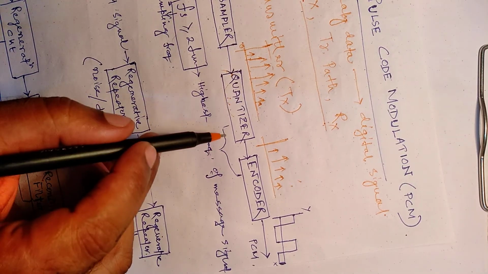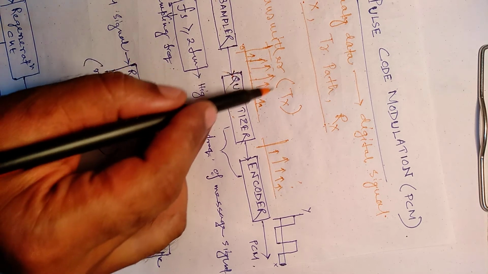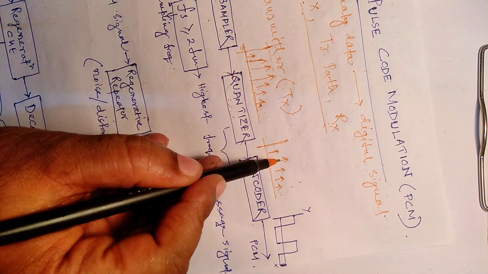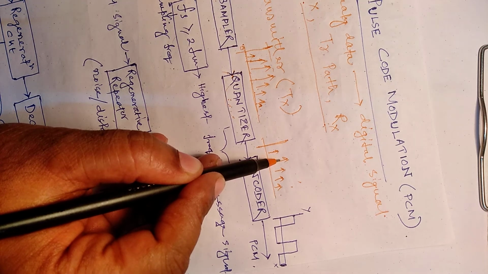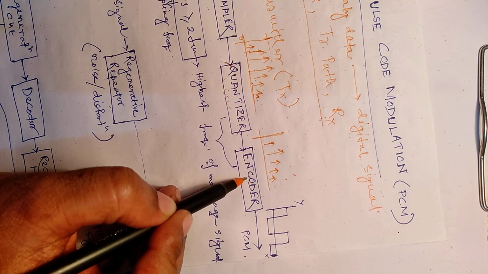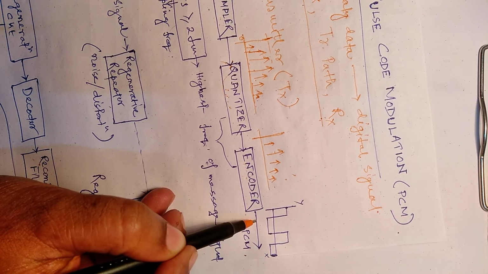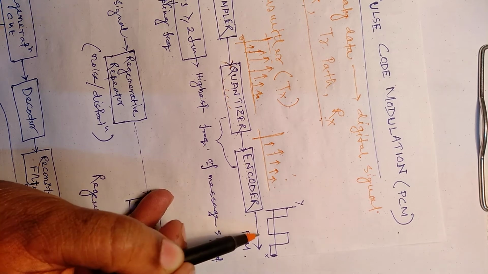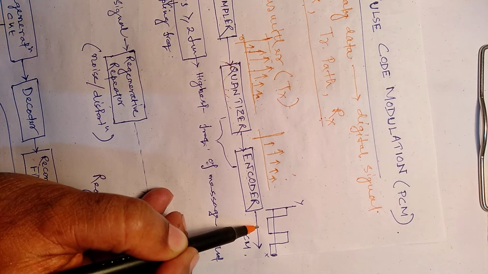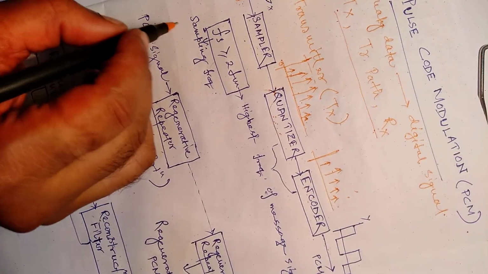That means what is the function of the quantizer? The function of the quantizer is to convert an infinite number of amplitudes to a finite number of amplitudes. Clear? Then we move on to our encoder part. Simple, the function of the encoder is nothing but the encoding process. After encoding, you will get our PCM, pulse code modulation signal. Clear?